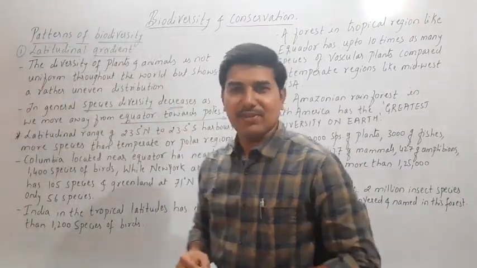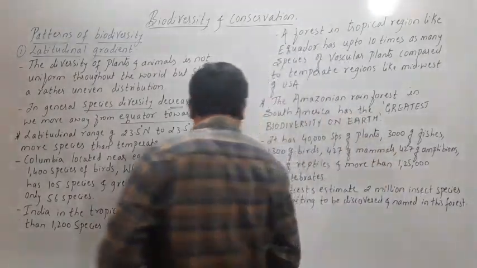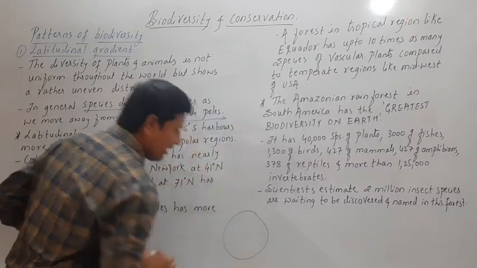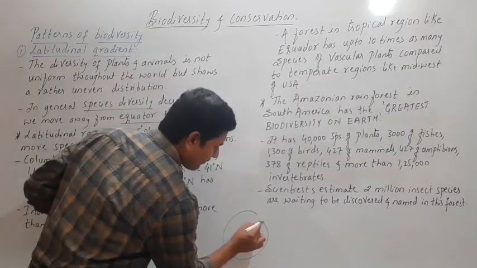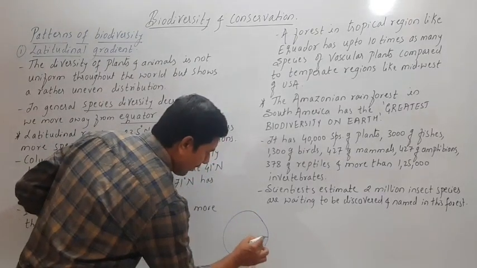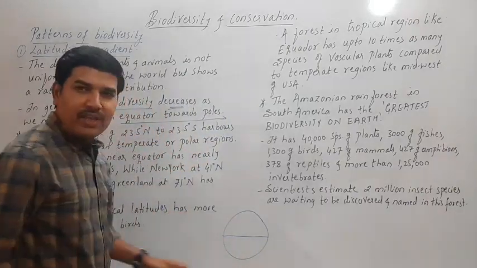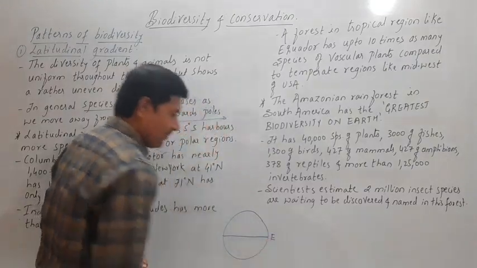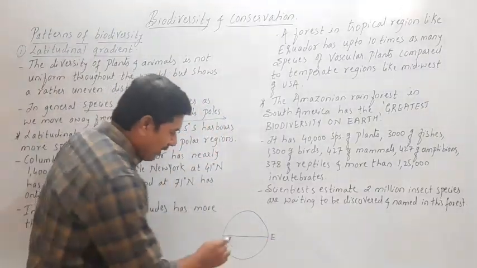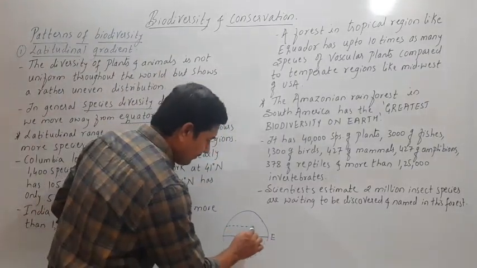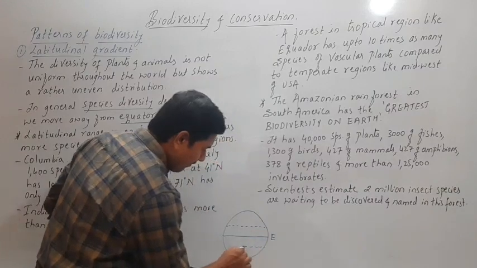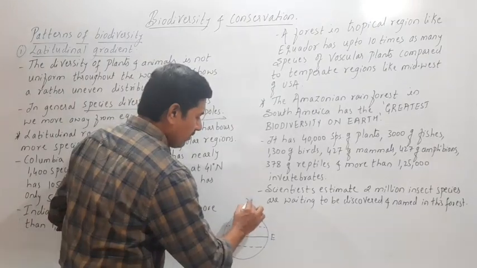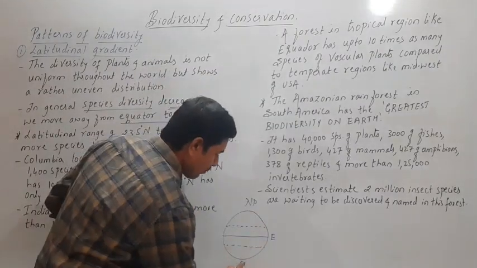So how is it? Let's see it. Suppose we take this as the globe. In this globe we make the middle part the equator. So this is the equatorial region. From the equatorial region, on the top side we call it the north pole, and this the south pole.